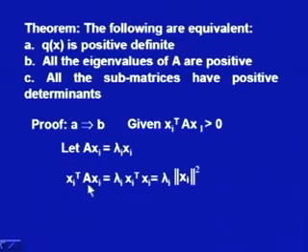So xi transpose A xi is always positive provided lambda i is positive. So if a given form is positive definite, then all the eigenvalues of A should be positive. I have started with a positive definite form and proved that it has all eigenvalues positive. So A implies B.